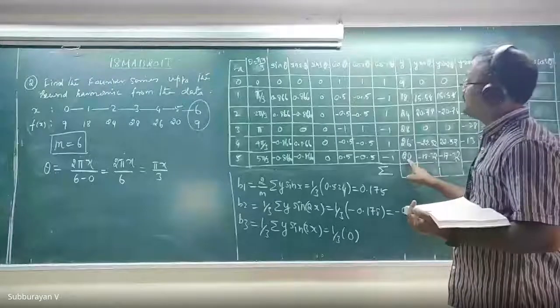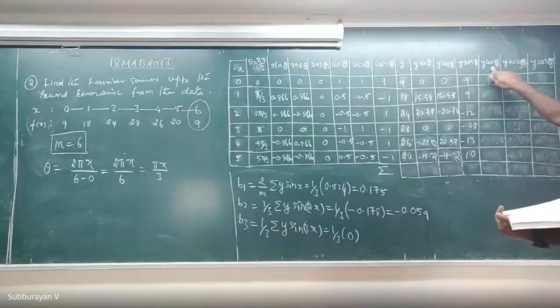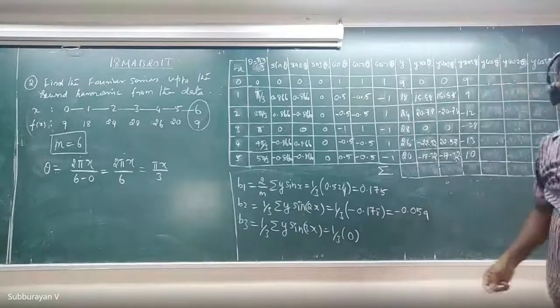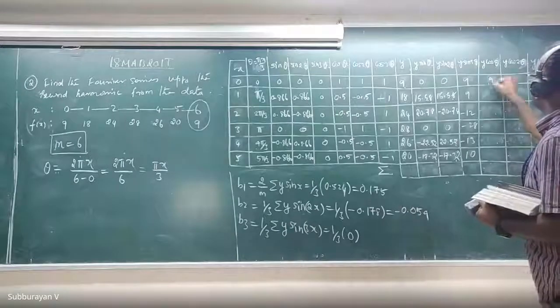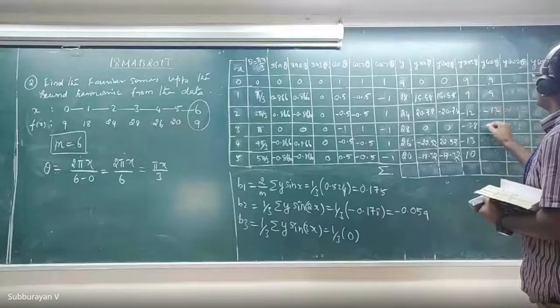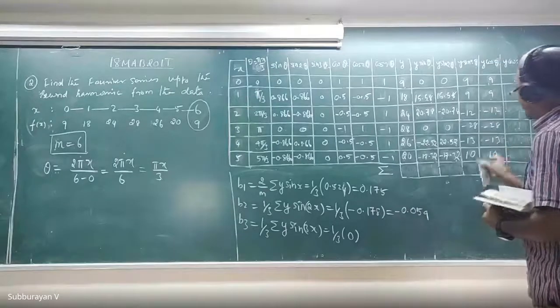And 20 into 0.5, therefore this is 10. So the column is 9, 9, minus 12, minus 28, minus 13, 10. This should be empty.